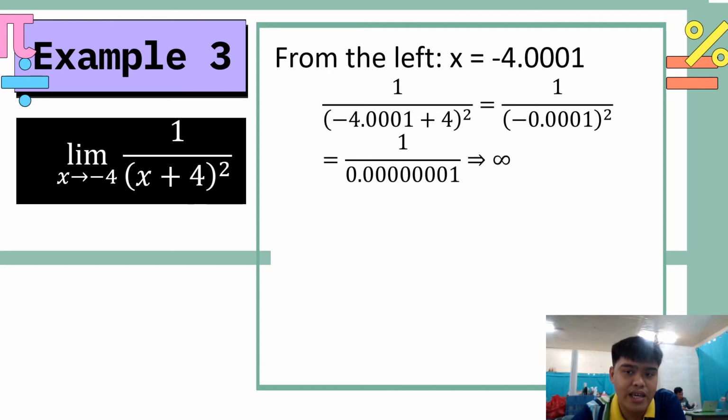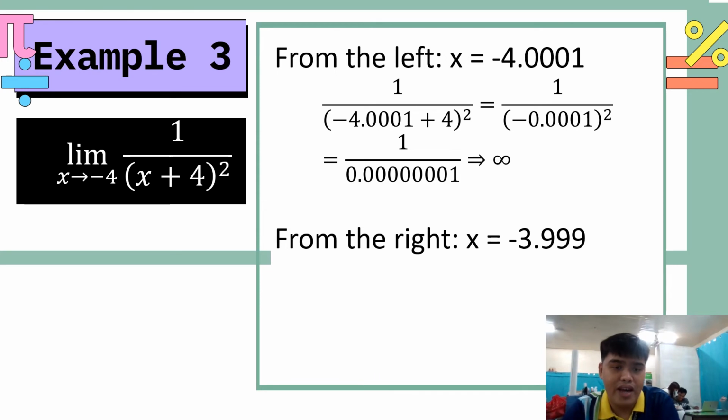Upon testing, it will result in 1 all over 0.000000001, which is approaching infinity. Remember from our activity that when we divide a constant by a very small number, it becomes closer and closer to infinity. Now the result is positive infinity.